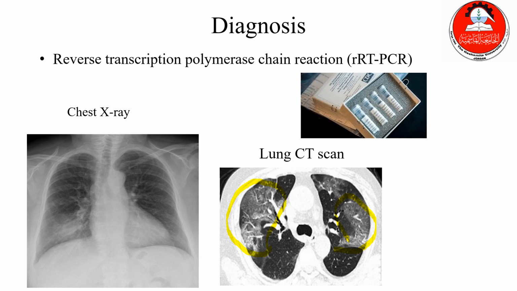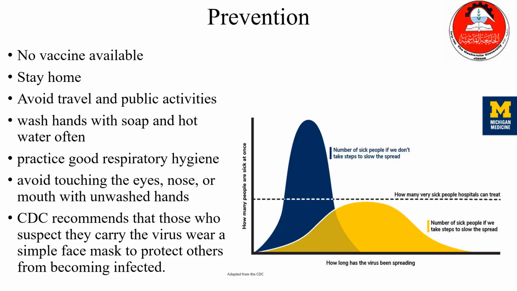So any patient who presents with fever, shortness of breath, dry cough, and came from a place where there are many reported cases of COVID-19, and we do the lung CT, and it looks like that, it's mostly diagnostic. Also to confirm that with the PCR as well.